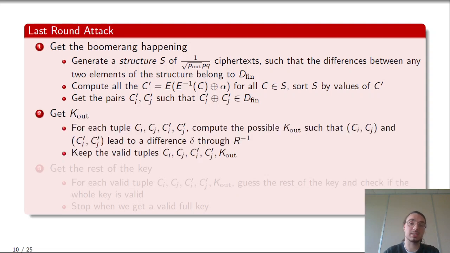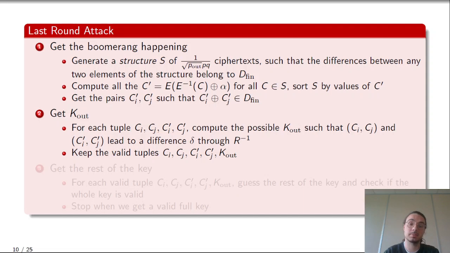Then we get k_out by computing all the possible k_out such that the incoming pair and the returning pair lead to difference delta through the additional run.